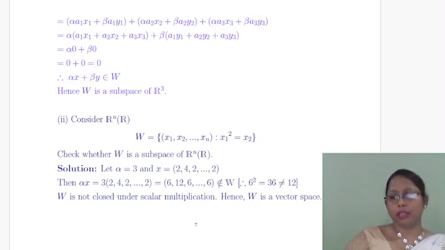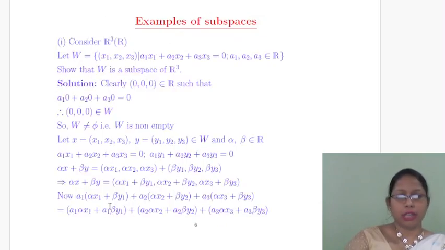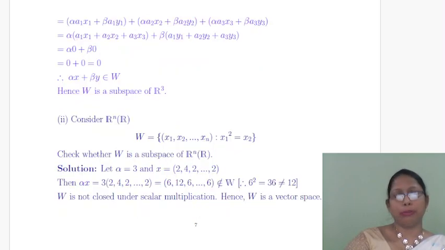Therefore, alpha x plus beta y satisfies this condition, as the sum is equal to 0. So alpha x plus beta y belongs to W. Hence, W is a subspace of the vector space R3 over R.